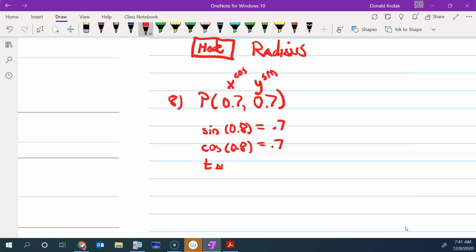Okay, and then the tangent of when you wrap 8/10 around is 0.7 over 0.7. So that is 1. Okay, now to get the reciprocals, right, you're going to go to the cosecant.